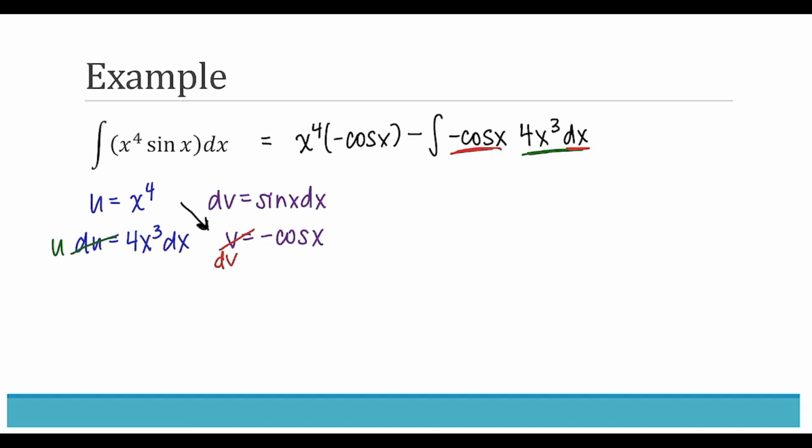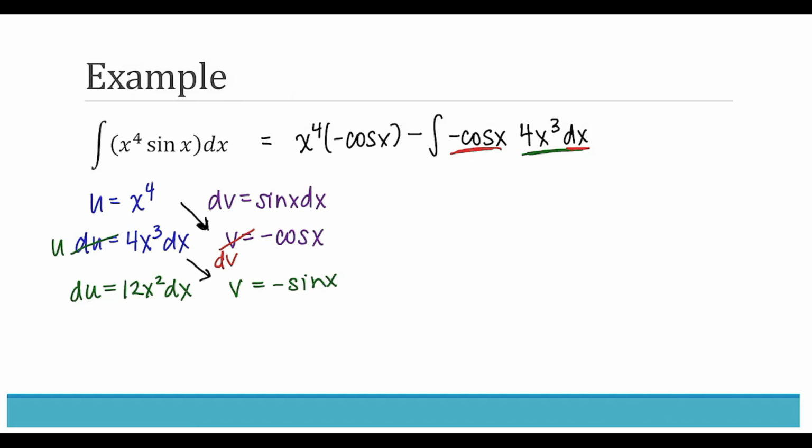So I'm going to cross that out, and I'm going to make this my new dv. So now if I apply the integration by parts again, u is 4x cubed, so my new du is going to be 12x squared dx, and my new v is going to be negative sine x. And then I would multiply across my diagonal here. So I'd have 4x cubed.